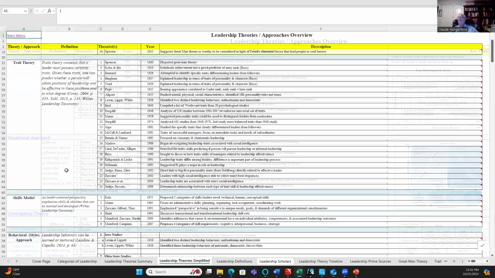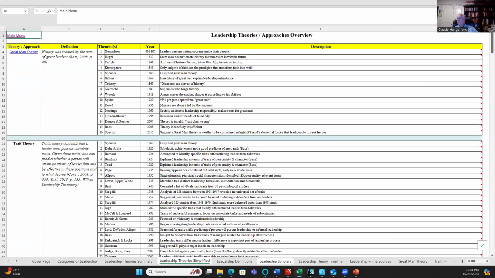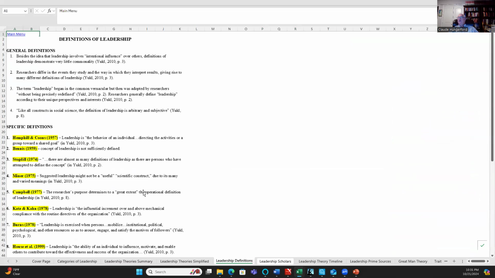We sort of simplified the leadership theories as well. One of the things that Northouse actually did notice in chapter one is all the different definitions of leadership. So they've taken the liberty to sort of, over the years, look at how different people define leadership.